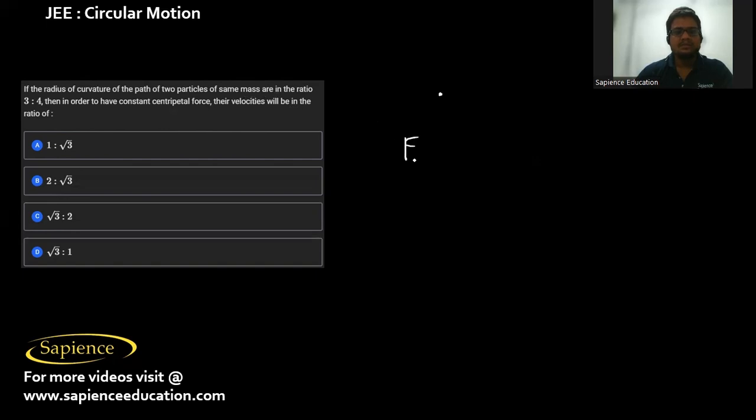Now centripetal force is given as mv square by r. So now this centripetal force has to be constant, and they have the same mass also. So mass is also same. So it means v square by r should be constant.